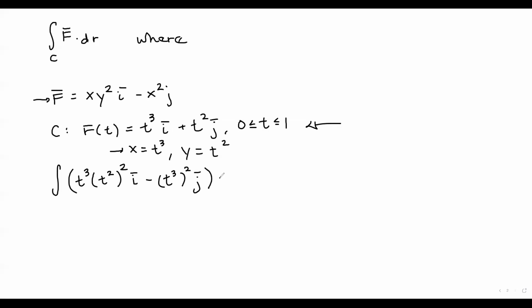Then after that, next we need to replace dr. To get dr, if you start off with r here, what is dr? dr is r prime. It's just a shorthand way of writing r prime.